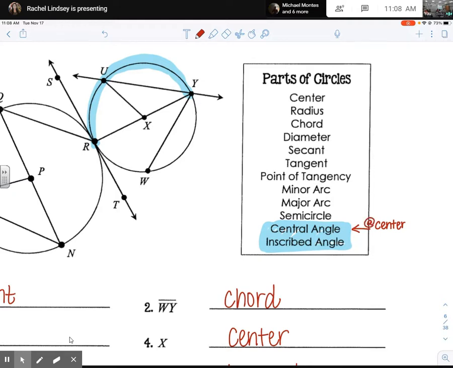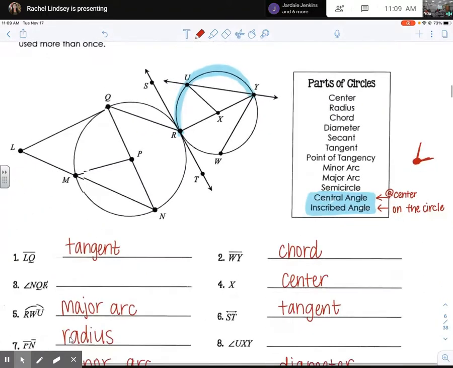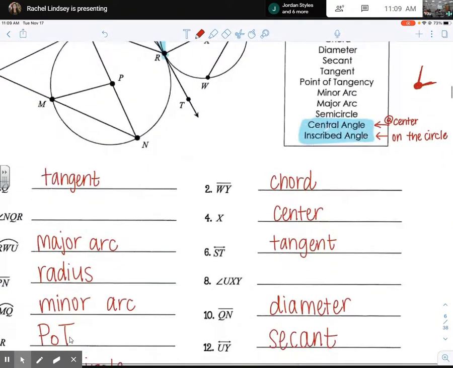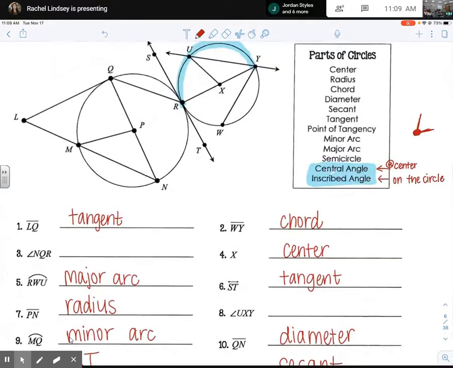An inscribed angle has a vertex on the circle. And the vertex is just where the 2 lines meet. That's the vertex right there, the little dot. We're going to talk about those on page 5, but let's look at them first.